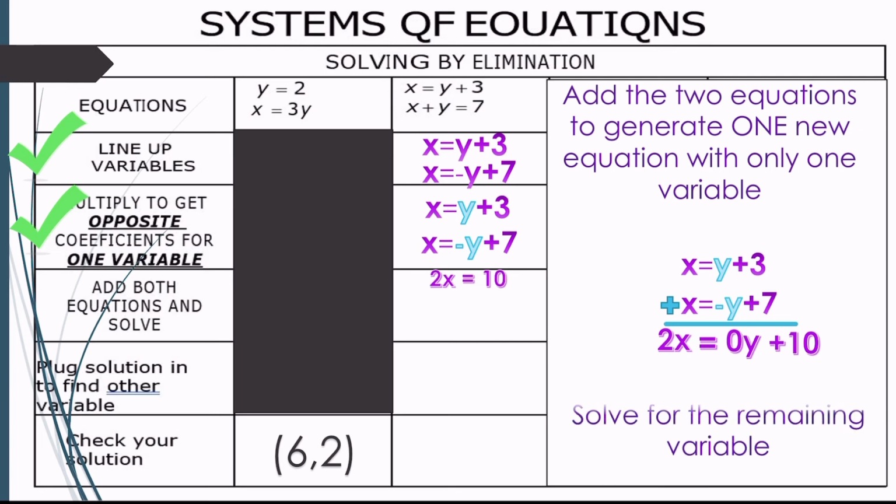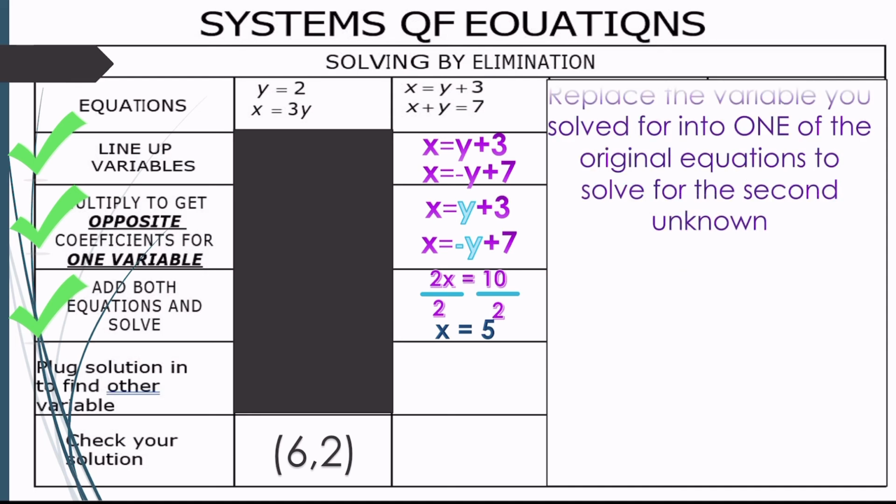So I've now added both equations, and I'm going to solve for what's left. What's left is x. If I solve for x, I divide both sides by 2. Therefore, the x of my ordered pair is 5. I have now done that. Now I'm going to plug my solution in to find the other variable.